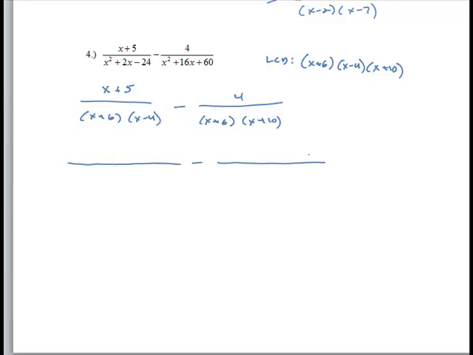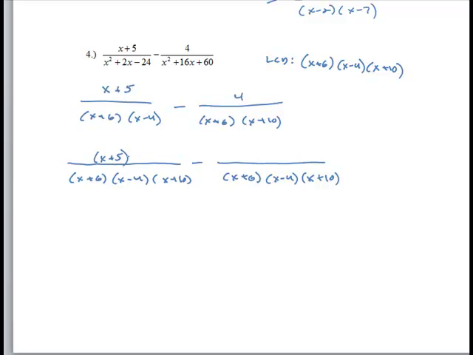So rewrite each rational so it has as common denominator x plus 6, x minus 4, x plus 10. So the first numerator, be careful, notice it has two terms up there, x plus 5.